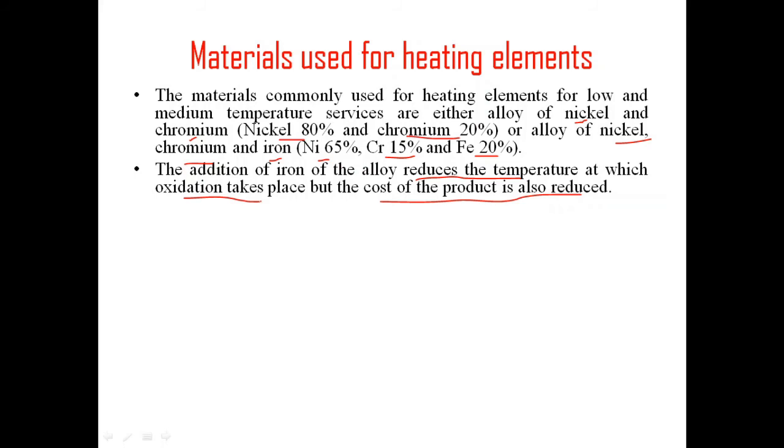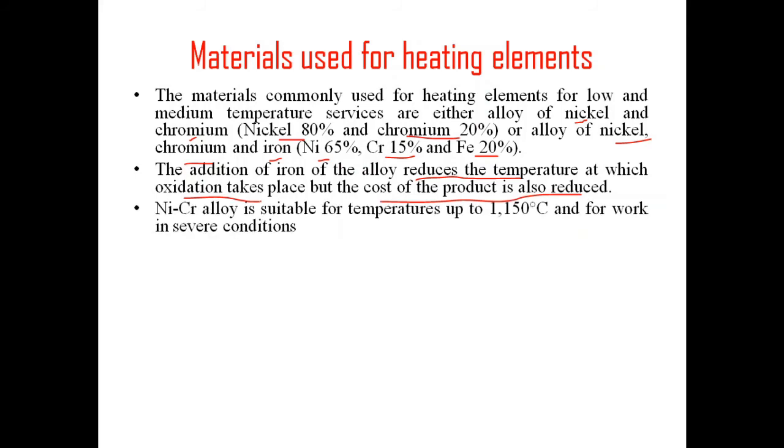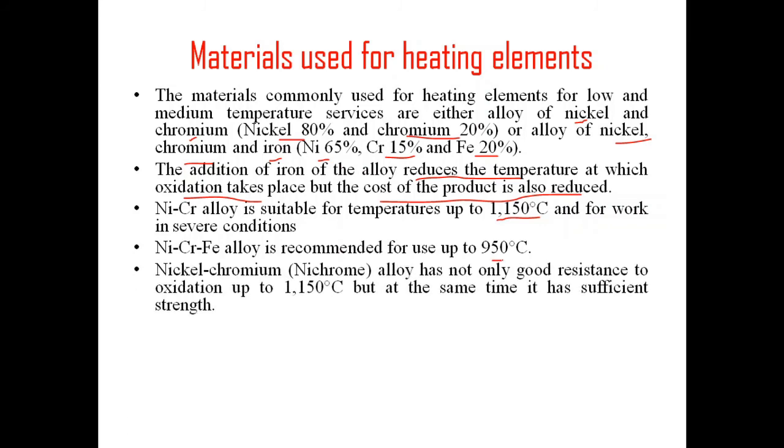Nickel and chromium alloy, that is nichrome, can be used up to 1150 degrees Celsius without any oxidation effect. But a nickel, chromium and iron alloy is recommended only up to 950 degrees Celsius, because beyond this there is a chance of oxidation. So when you add iron into the nichrome, the operating temperature gets reduced, but the cost is reduced. That's the advantage.